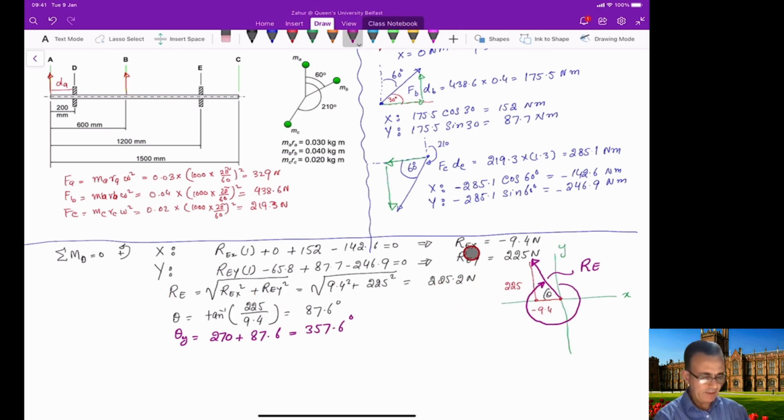So again, we can use this procedure to calculate the reaction forces, and also to calculate the out of balance mass.